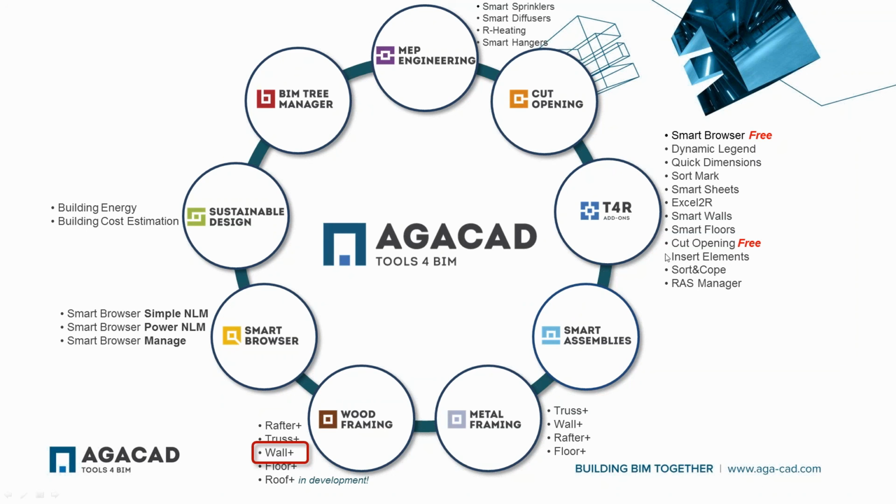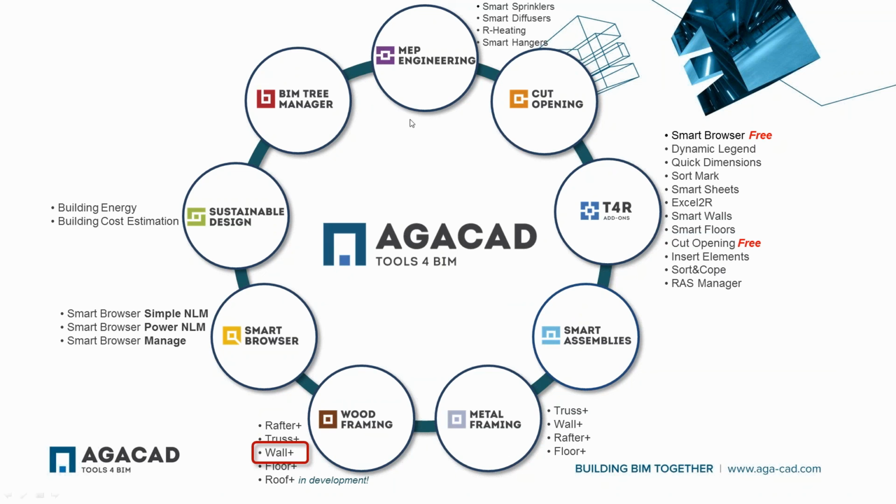Then we have Tools for Revit add-ons. Here you can find different smaller solutions for adding dimensions, for numbering elements in different ways, for cutting openings, for example, like you saw today, cut opening. Then we have a more powerful, more advanced cut opening, which allows cutting openings even if your ducts and pipes are linked into your Revit project.